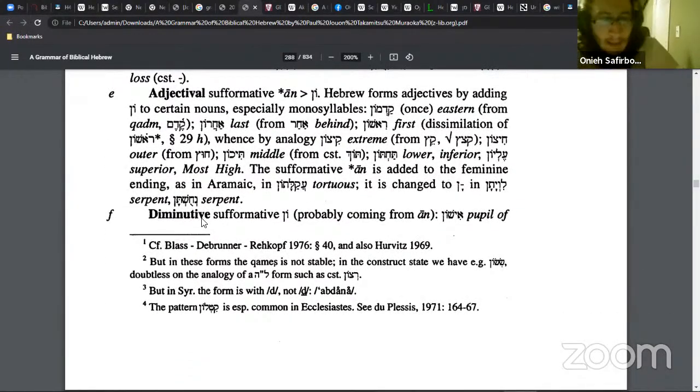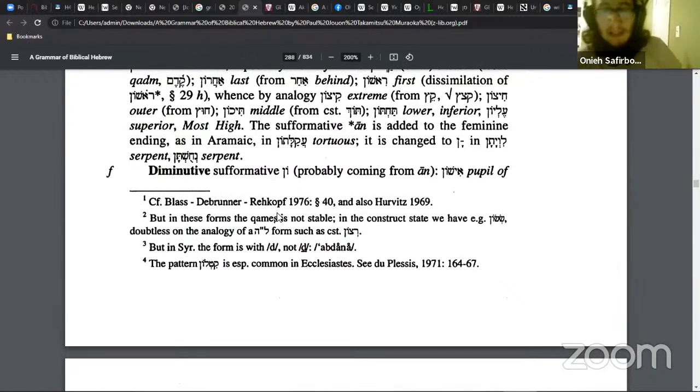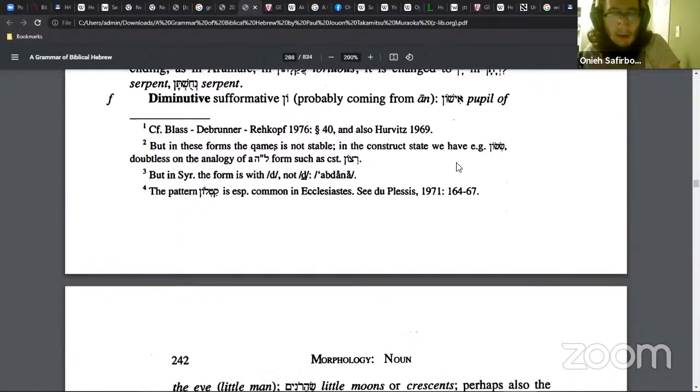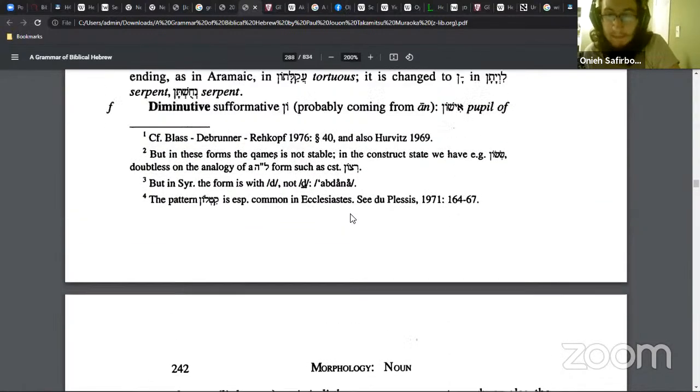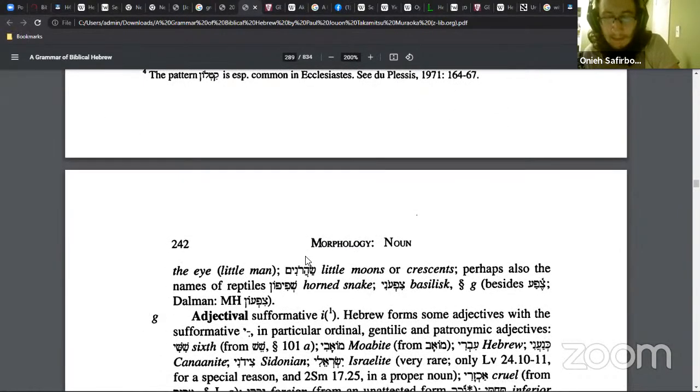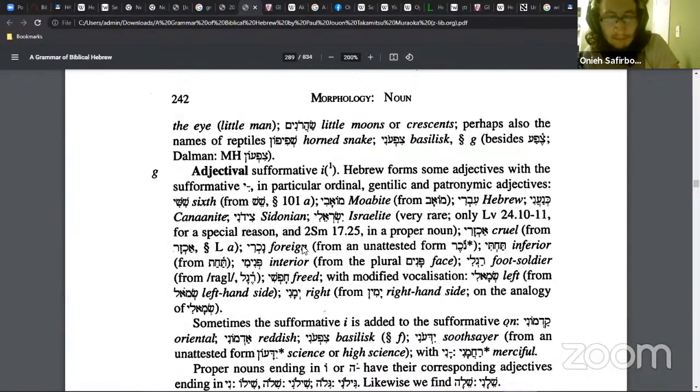Kits means end, and ketson or kitson, it says, means extreme, so it's like the utmost end of something. And it's diminutive. It can mean a small version of it, like the pupil of the eye. And then I told you guys about the adjective thing, Moabite. You add the E at the end. Instead of ite, you just say I or E. Hebrew, Canaanite, Israelite, someone who's cruel, so a cruel one.